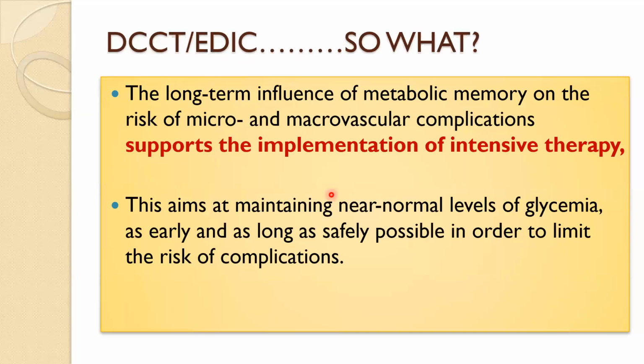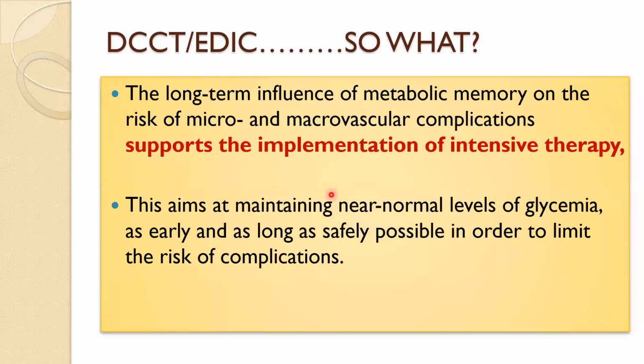It's important because these studies tell us that the long-term influence of metabolic memory on the risk of micro and macrovascular complications can now fully support implementation of intensive therapy. And intensive therapy aims at maintaining near normal levels of glycemia as early as possible and as long as safely possible in order to limit the risk of complications.